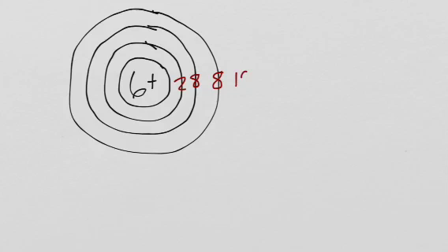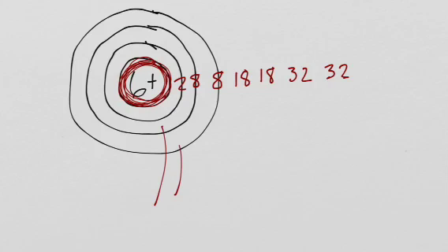The fourth, 18. The fifth, 18. And so on and so forth. We go up to 32 and then 32. So this is the Bohr model, or actually it's called the Rutherford-Bohr model, because it's a combination of not only Rutherford's positive nucleus idea, but also Bohr's little twist on it where you're talking about these energy shells. And there you have the progression of that atomic structure.